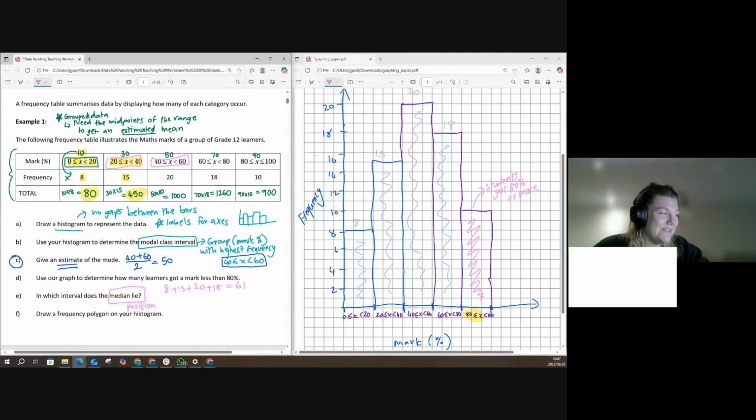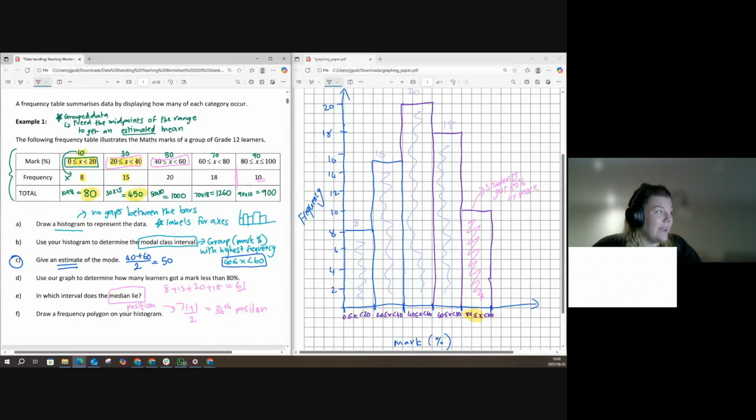So remember, to find the position, we take the total number plus 1 and divide it by 2, right? So this 61 takes us up to here. So we have to add 10. So our total number is 71 plus 1 divided by 2. And this gives us our position. So 72 divided by 2 is the 36th position of our frequency.